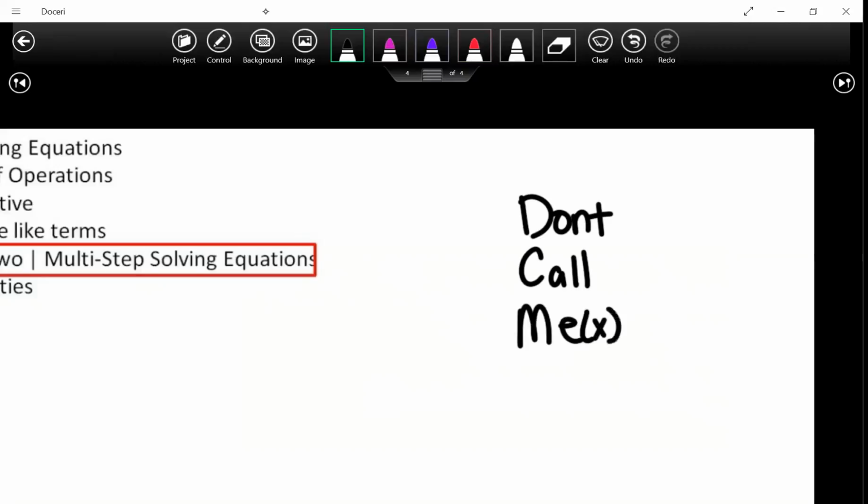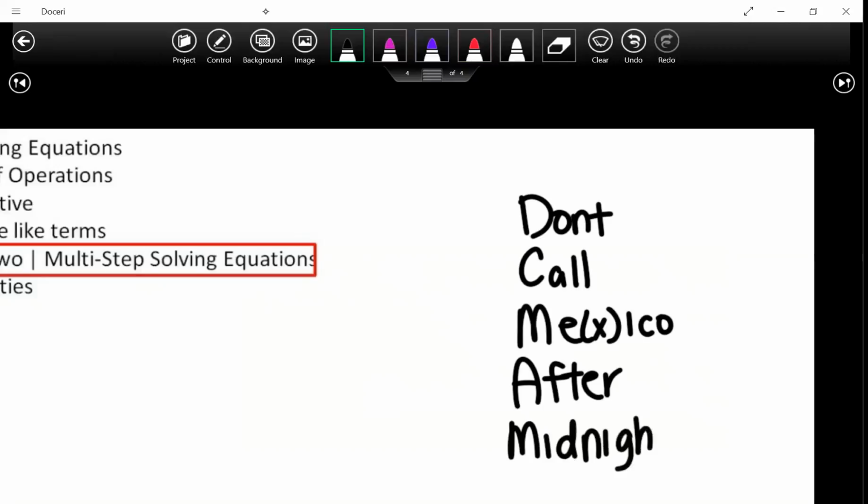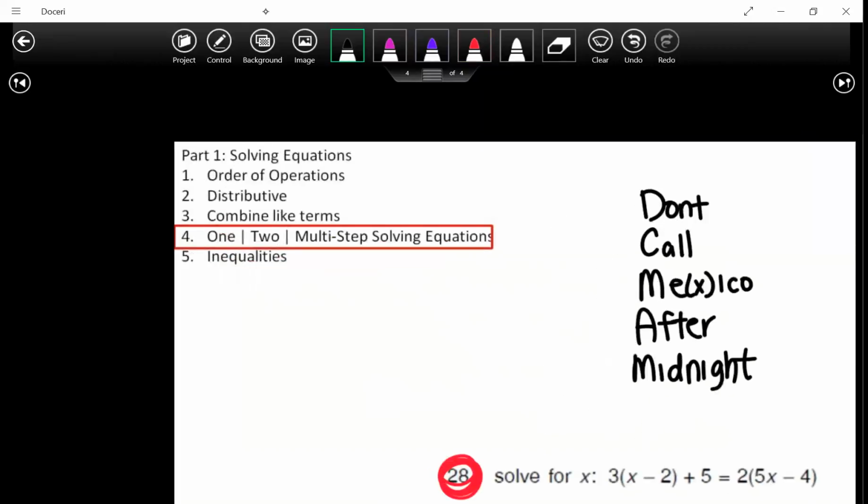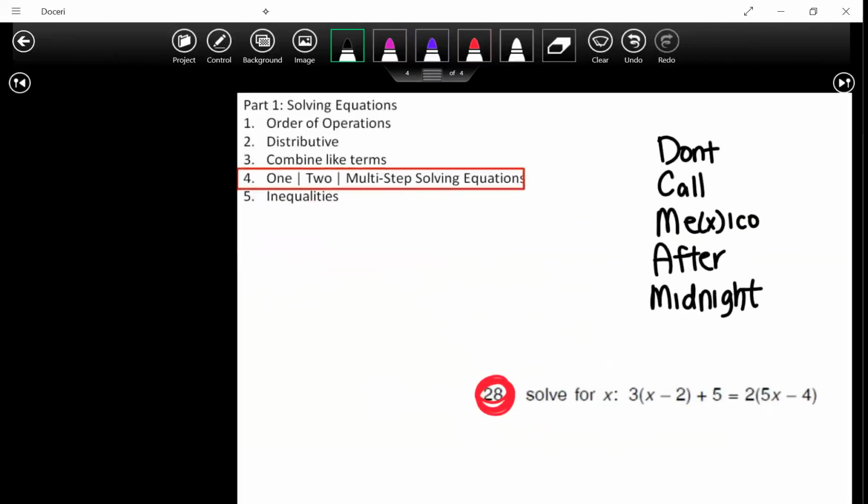I'm going to put the X in the parentheses after midnight. And I'll tell you as we do these what the acronyms mean. And I'm going to go ahead and do this here. But this is a lot of what makes up the first part of the test.